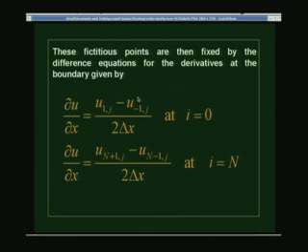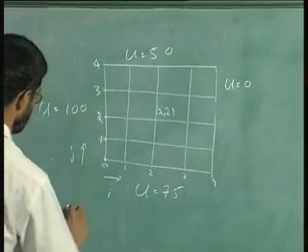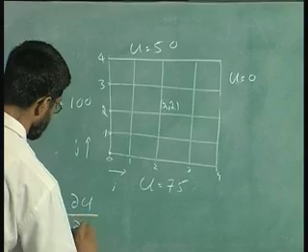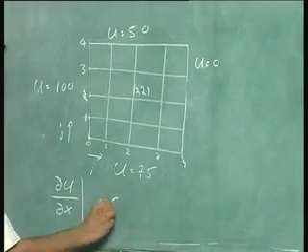So let me show you that in this particular example. As I said, let's say we have a boundary condition on this line given as del u by del x at x equal to 0.